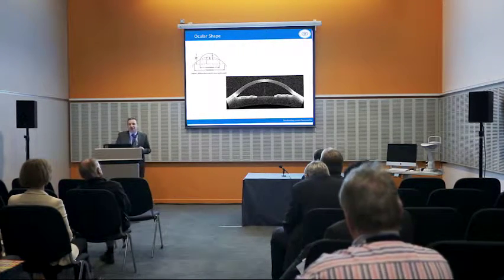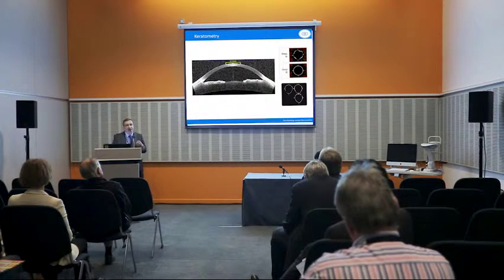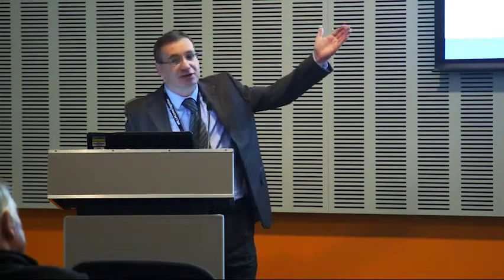In reality, the cornea and the ocular topography shape is far, far more complex. You can see from the graph on the right that it is effectively an elliptical center, an ellipsoid shape. But as we go to the periphery of the cornea, it's actually a conoid ellipsoid. And then as we go into the peripheral cone and the scleral cone, it starts to take on a tangential shape.